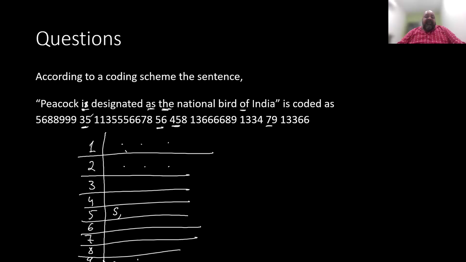So I can remove S, I can remove 5, which means A will be 6. So in front of 6, I can write an A. Here I will be 3. So in front of 3, I can write I.